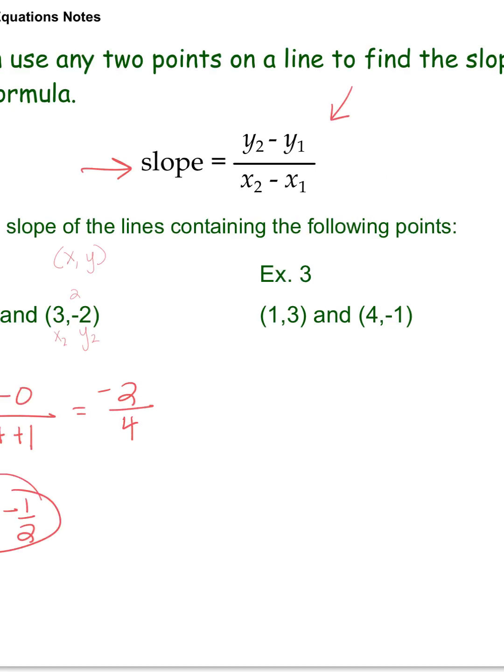All right, here we have another one, and you can label, and guys, you can start with the ones and do 1 minus 2, if that's easier. Just to make sure that your y's are always on top. See, I just messed that up. So -1 minus 3 over 4 minus 1. Y's are always on top, x's are always on the bottom. So just be consistent. So we have -4/3 here is our slope.